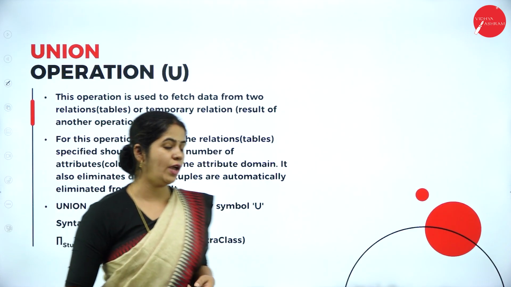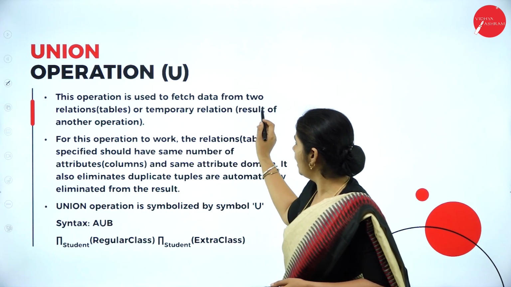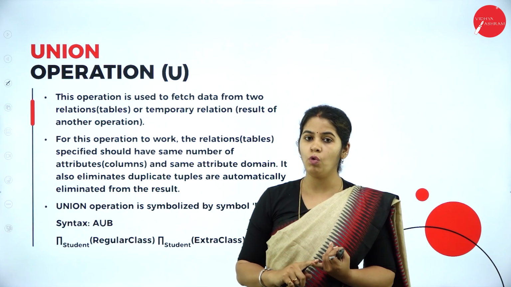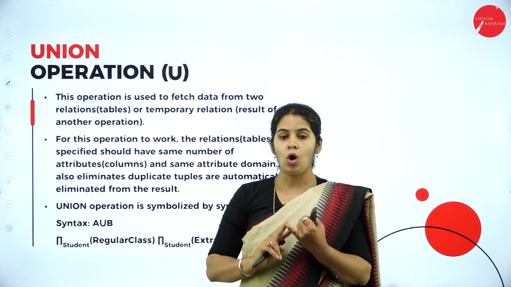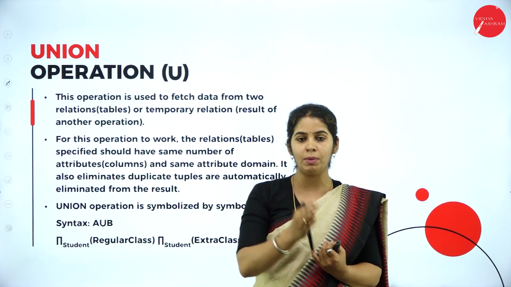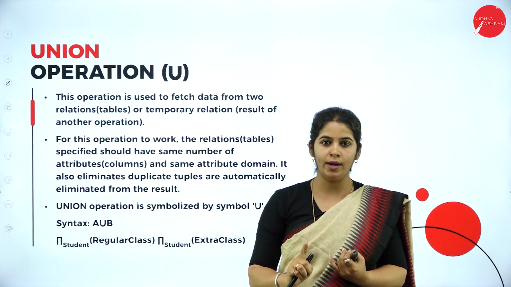The next operation we have is the union operation. This operation is used to fetch the data from two relational tables. For select and project, what are we doing? We are doing the operation only on a single table, either the student table or the employee table. We are fetching the data from only one table.